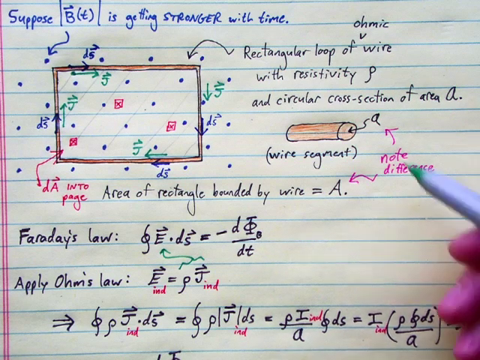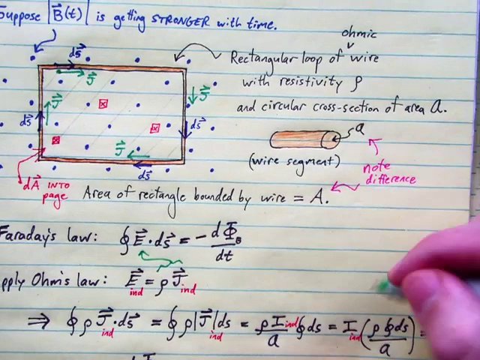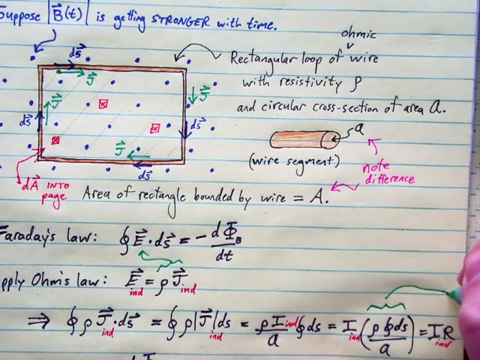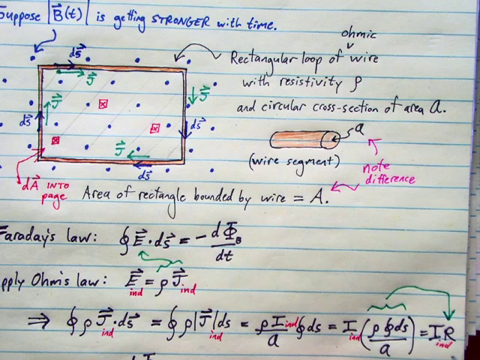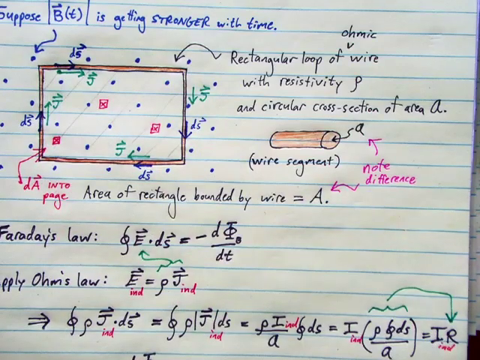divided by the cross-sectional area of the wire itself, which we recognize as representing the total resistance, capital R, of this entire length of wire.